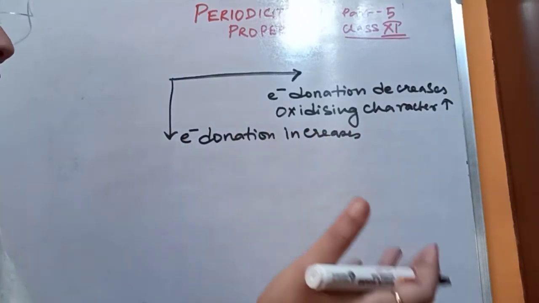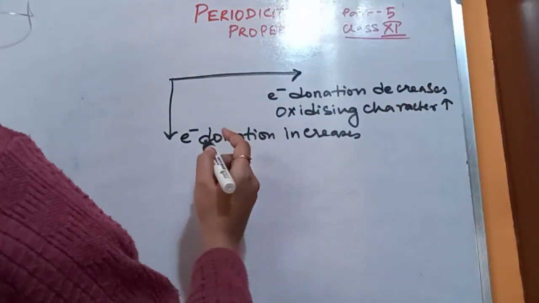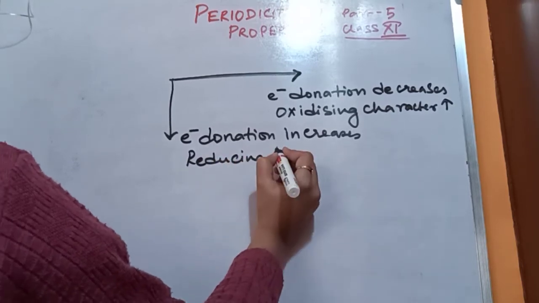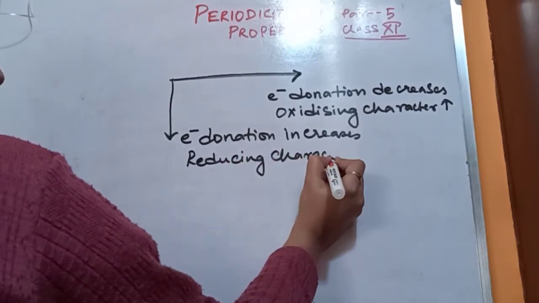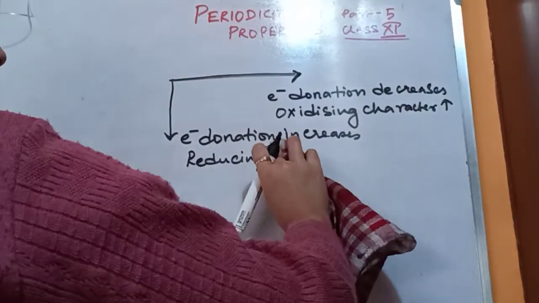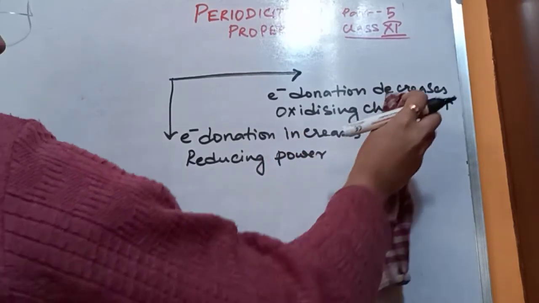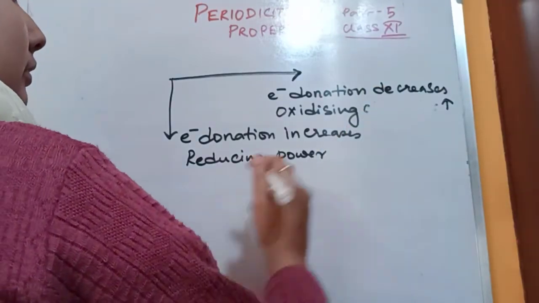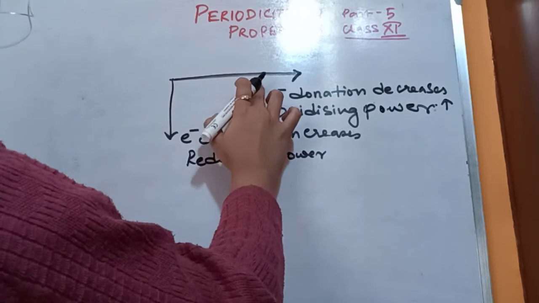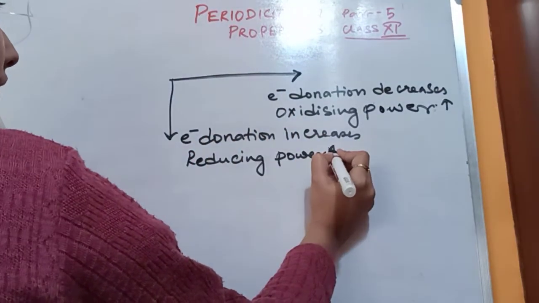When electron donation increases, it means the reducing power increases. Means these elements can reduce other elements easily.